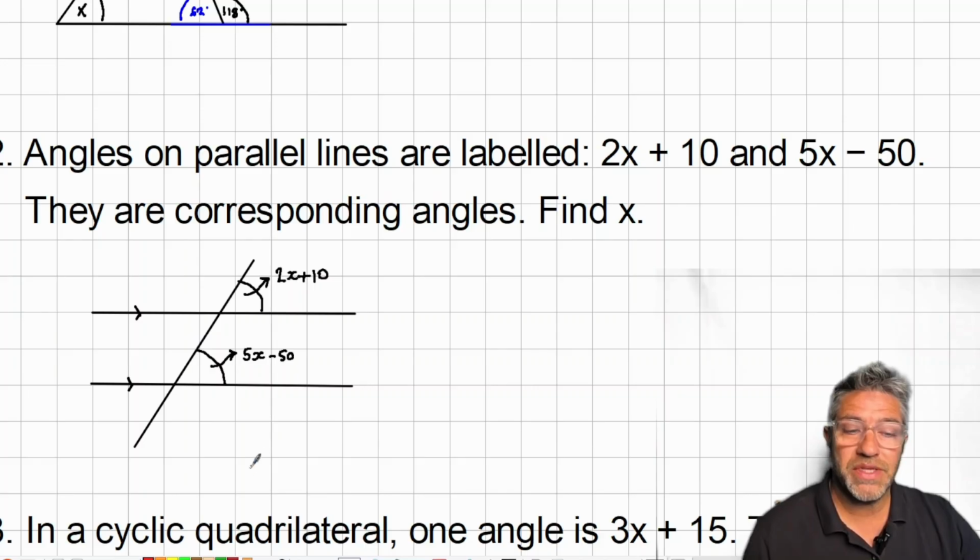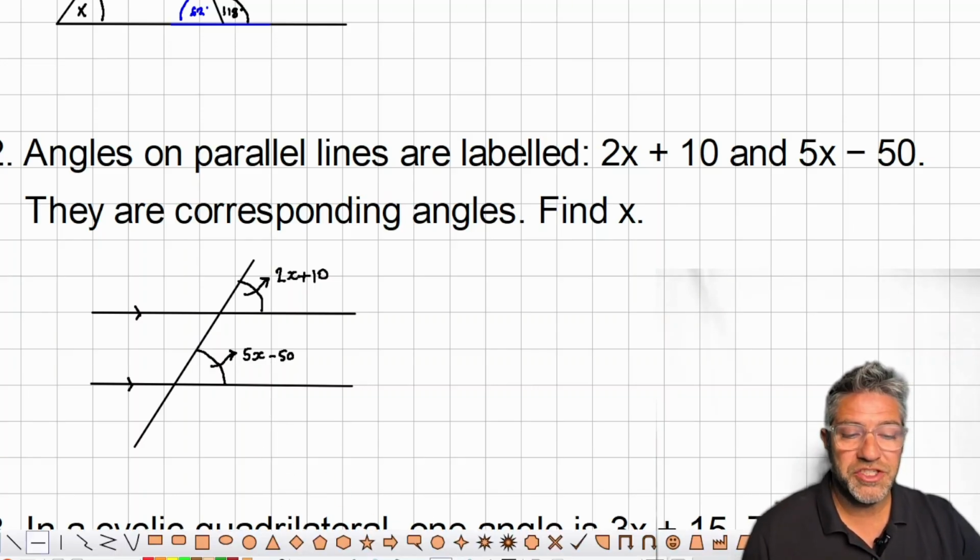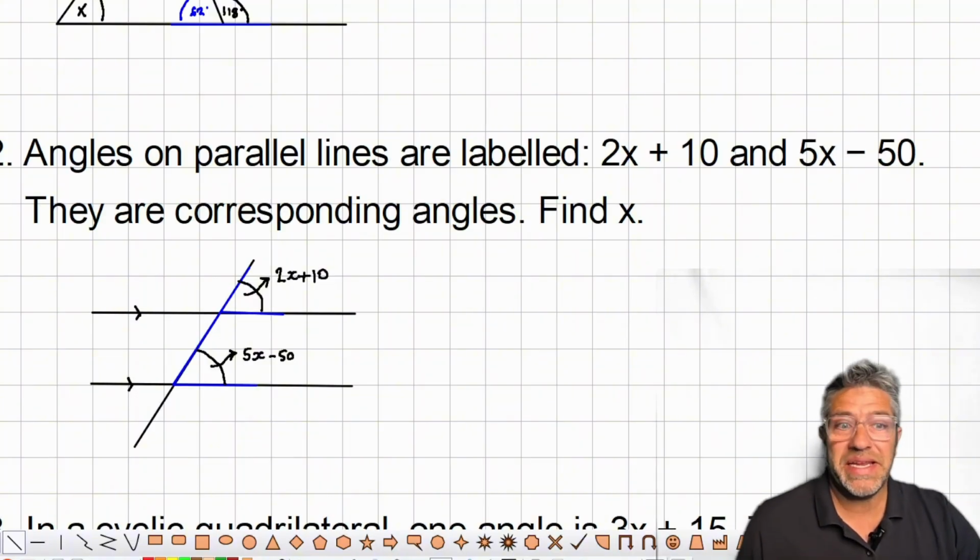They are corresponding angles. Find X. Well, the first thing I'm going to do is just use a coloured pen to demonstrate the fact that these angles are corresponding. Now, corresponding angles have, I suppose, a nickname of being called F angles.